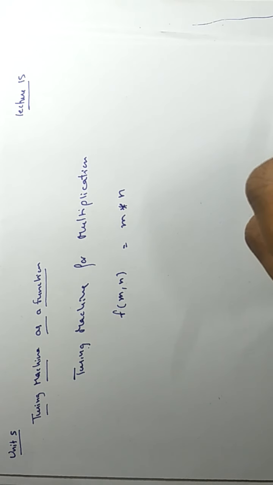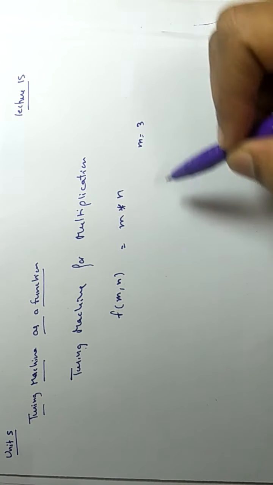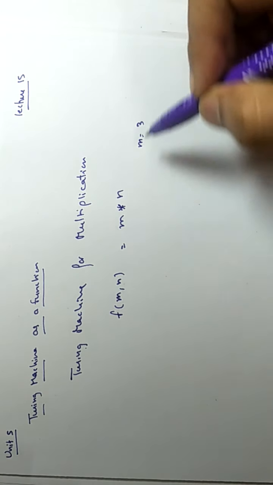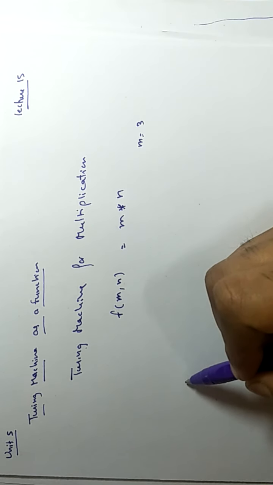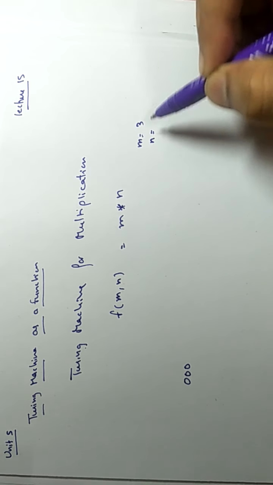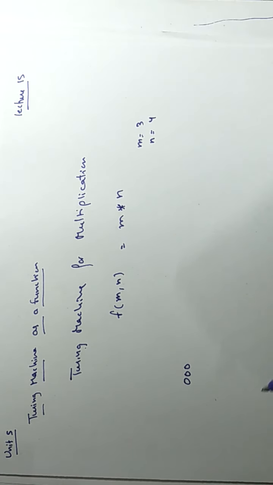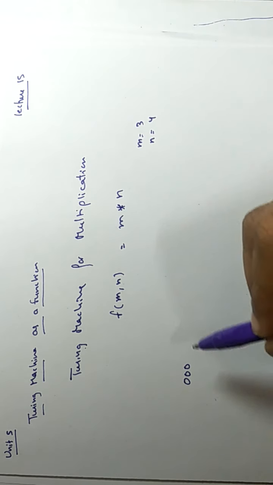Suppose we are representing m and n using zeros. Suppose m is 3, it means that we will represent m by 3 zeros, and n is 4. We are taking these values as an example.